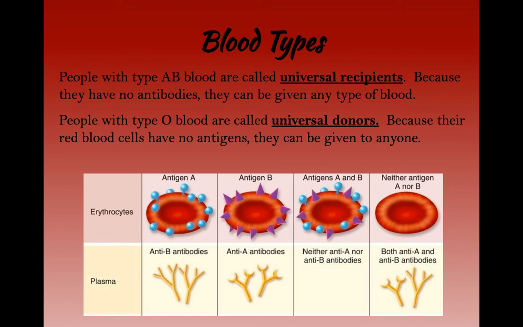However, people with type O blood can only be given type O blood because if they're given any of the other types of blood, their antibodies will mark them for destruction. Okay, so that's the basis of blood types and how that impacts when you're requiring a blood transfusion.